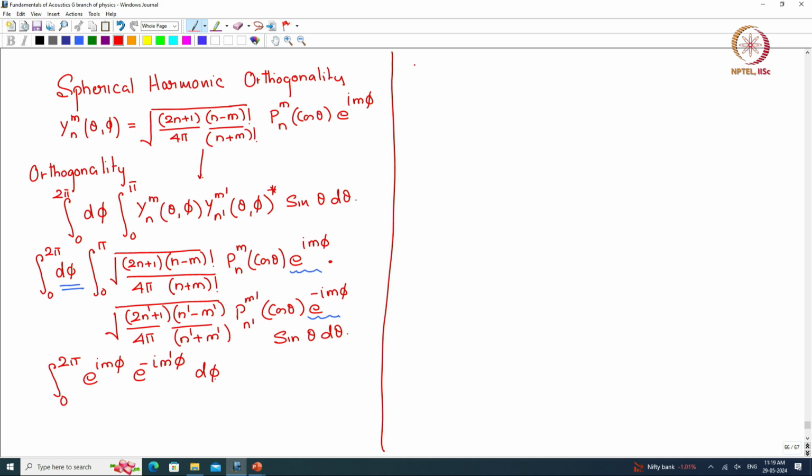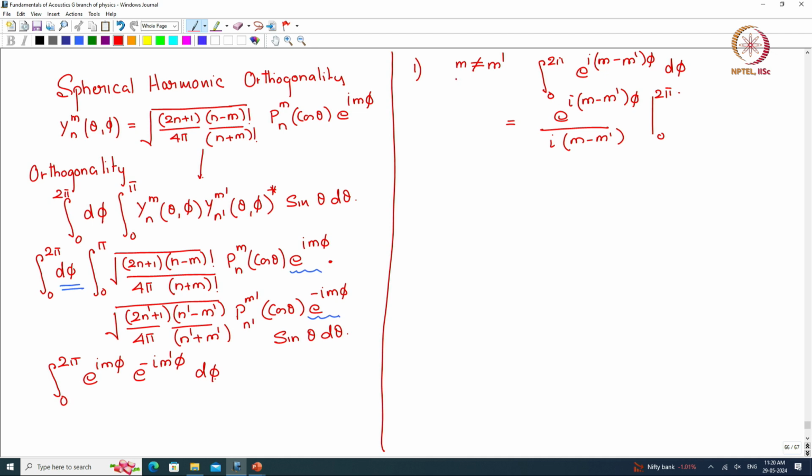Now, case 1 is when m is not equal to m'. If that is the case, what I have is the integral 0 to 2 pi e to the power of i (m minus m') phi d phi, which is equal to e to the power of i (m minus m') phi divided by i (m minus m'), evaluated up to 2 pi.